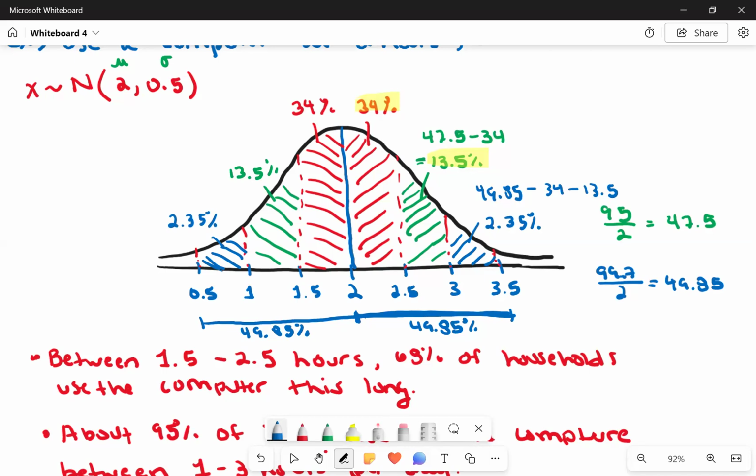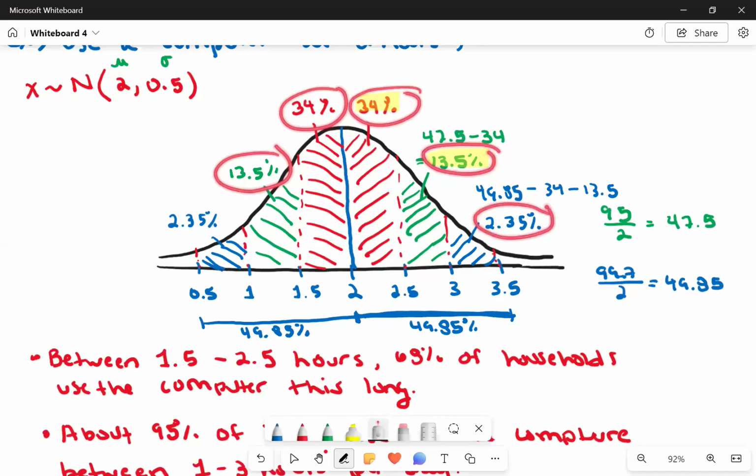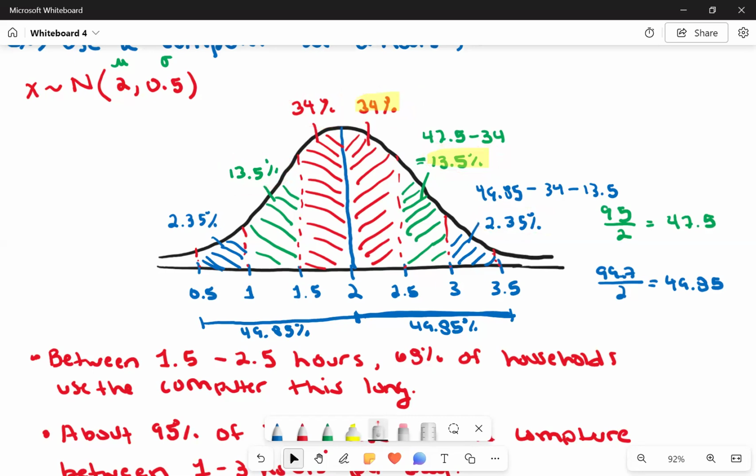All right, so now back to my original question. I was interested in figuring out what percent is between 1 and 3.5. So I'm going to add 13.5, 34, 34, 13.5, and 2.35 to figure that out.